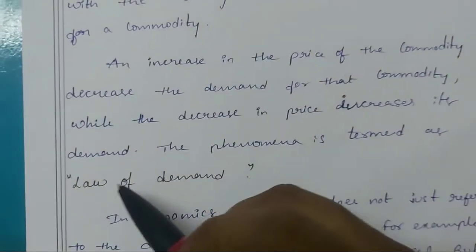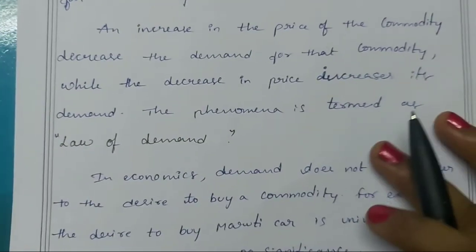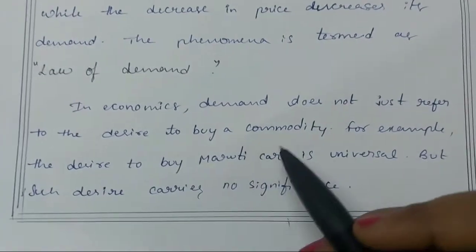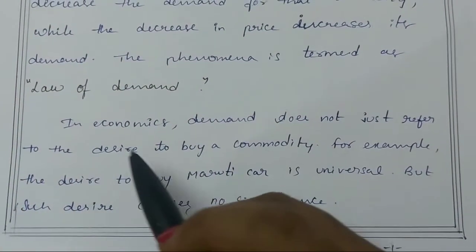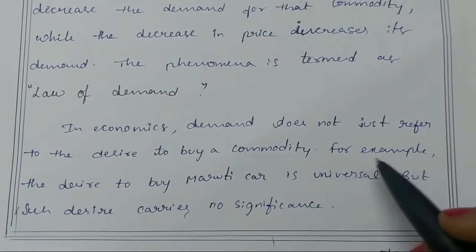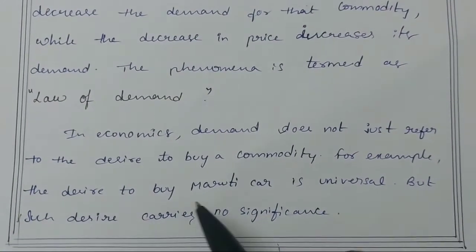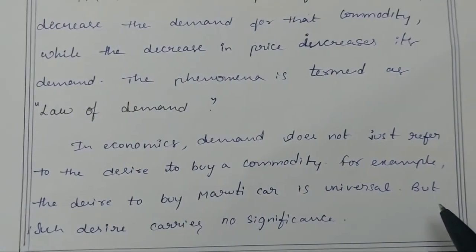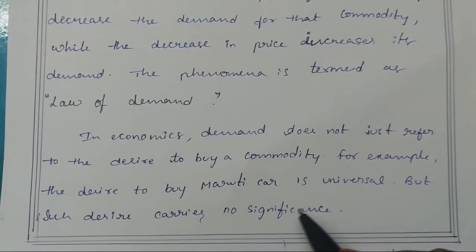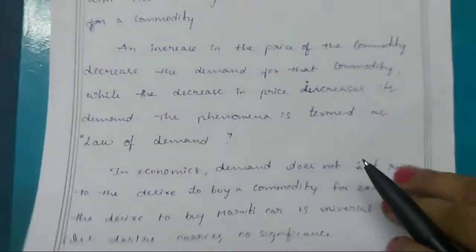The phenomenon is termed as the law of demand. In economics, demand doesn't just refer to the desire to buy a commodity. For example, the desire to buy a Maruti car is universal, but such desire carries no significance.